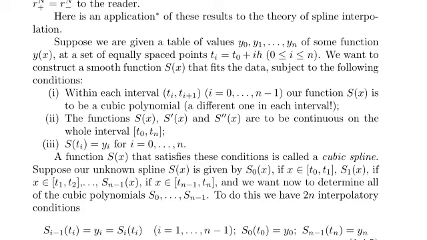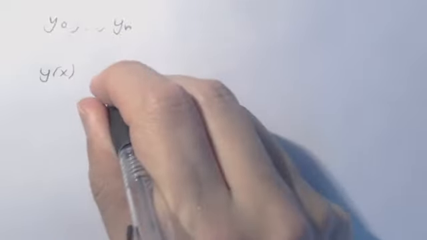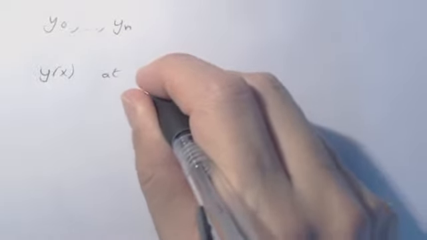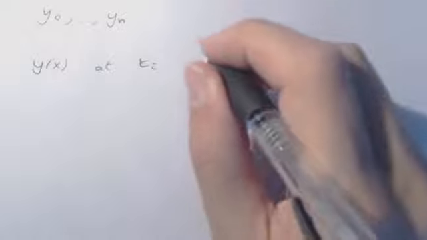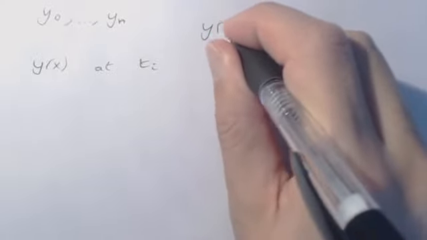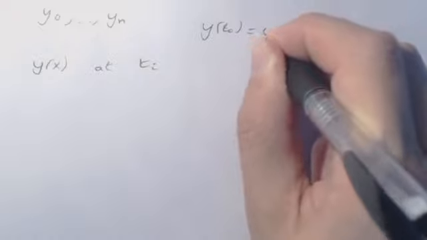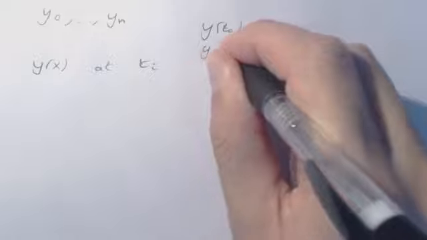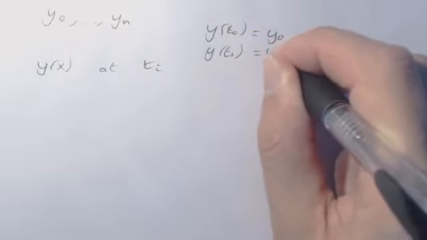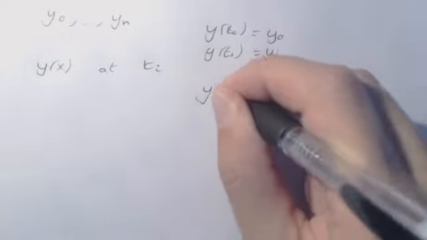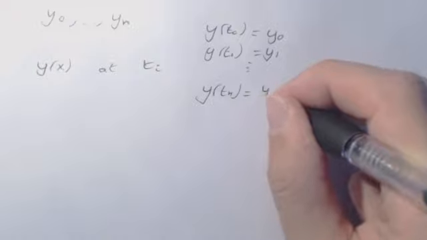So what have we got here? We have y0 to yn, and these are the values of a function y(x) at ti. So I think we have y at t0 equals y0, y at t1 equals y1, y at tn equals yn.